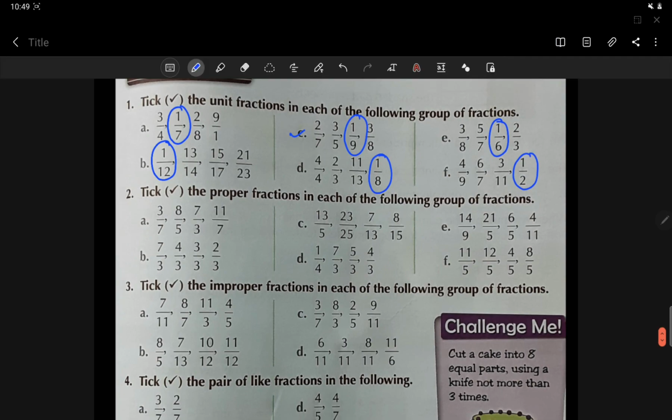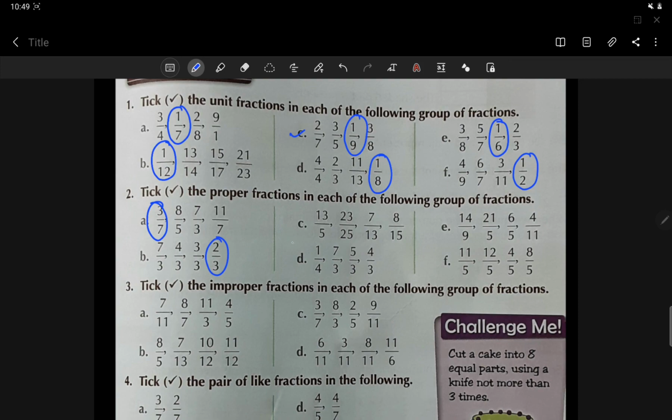For question number 2, tick the proper fractions in each of the following groups of fractions. You know, proper fractions means the denominator must be greater than the numerator. So 3 by 7. For question B, 2 by 3.